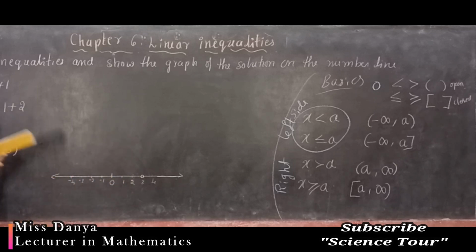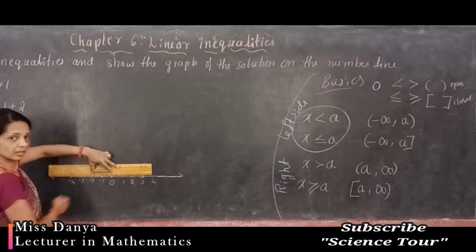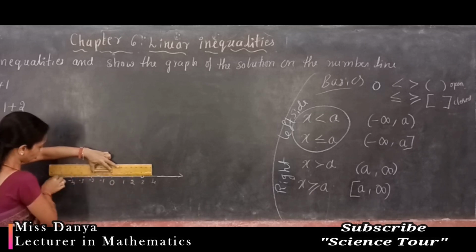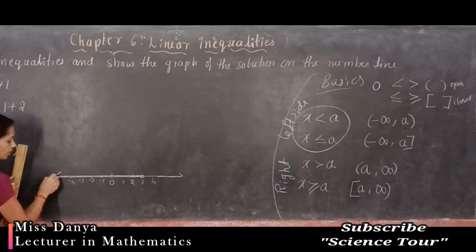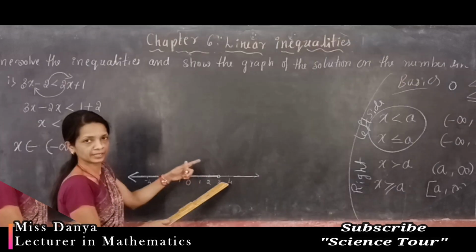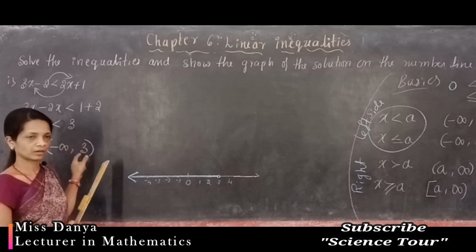Since x less than 3 means, which side of the number line do you have to shade? The left side, to the left of 3 you have to shade. So you have to darken the number line on the left side of 3. The open circle at 3 indicates that 3 does not belong to this interval.